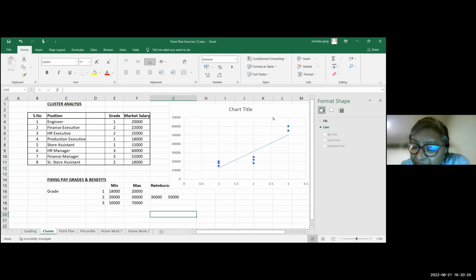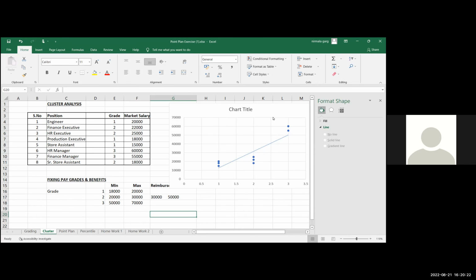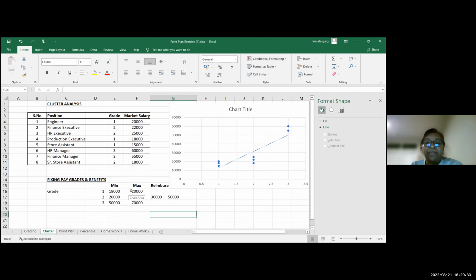How do you determine the difference between this min and max, the bandwidth between the two? Typically the width or the spread of a grade depends on one generic rule: at a low level, you will have about 15 to 20% difference.